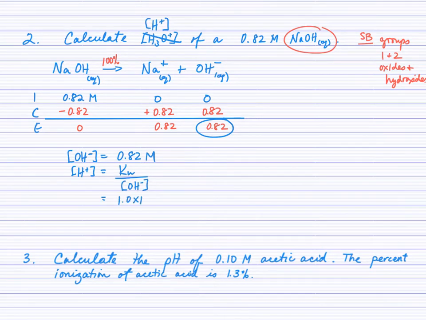And so 1.0 times 10 to the negative 14 divided by our concentration of hydroxide. And so we determine that the hydrogen ion concentration is 1.2 times 10 to the negative 14 moles per liter. We had 2 sig figs in each of these values and 2 sig figs in the final answer.